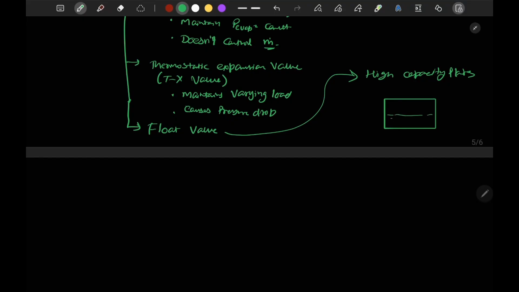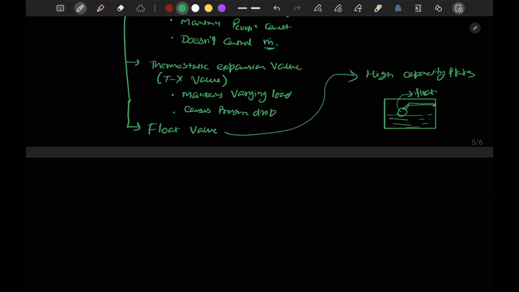Let's say this is our liquid level, and here we hinge a rectangular bar, which is connected to a hollow float. As the level increases or decreases, it will control the mass flow rate of the refrigerant.